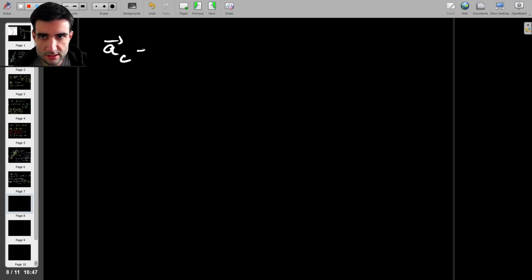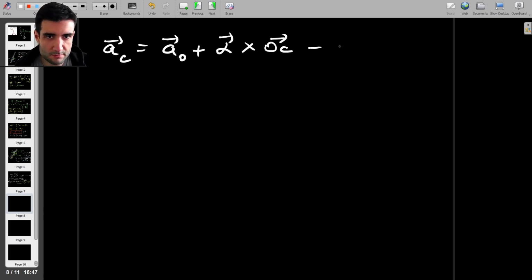So a_C is going to be equal to the acceleration of the origin, which is going to be 0, plus alpha cross OC, and then minus omega squared times OC. We said this is 0 because that's a point on the hinge which doesn't really go anywhere.